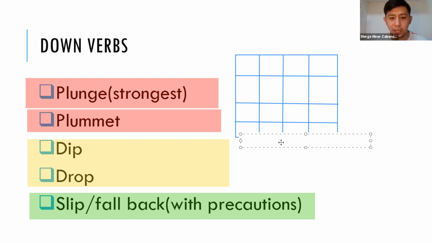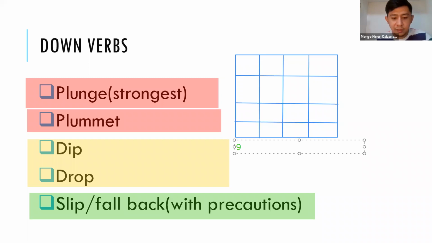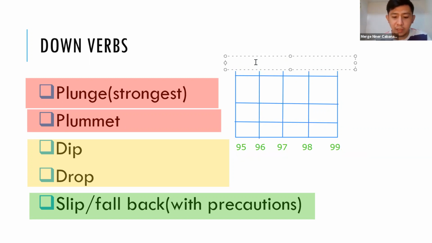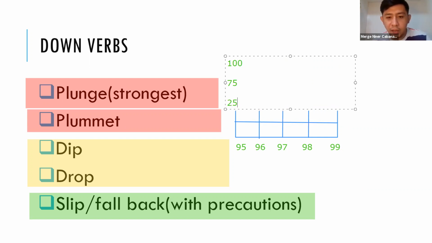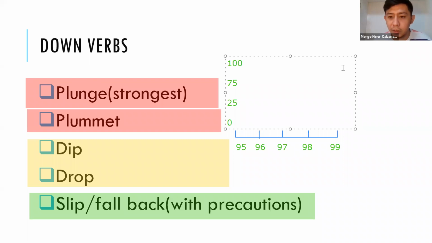Let's say 95, and then 96, 97, 98, and lastly, I have 99. Those are the years, by the way. And then I also have some text below. All right, so I'll be having 100, and then 75, and then 25, and then 0. Okay.